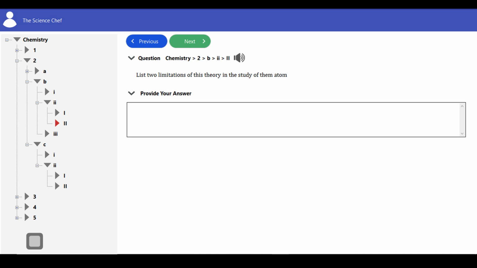List 2 limitations of this theory in the study of the atom. Of course, I already mentioned that while I was answering the previous question. So we said that 1, the atom is not indivisible.